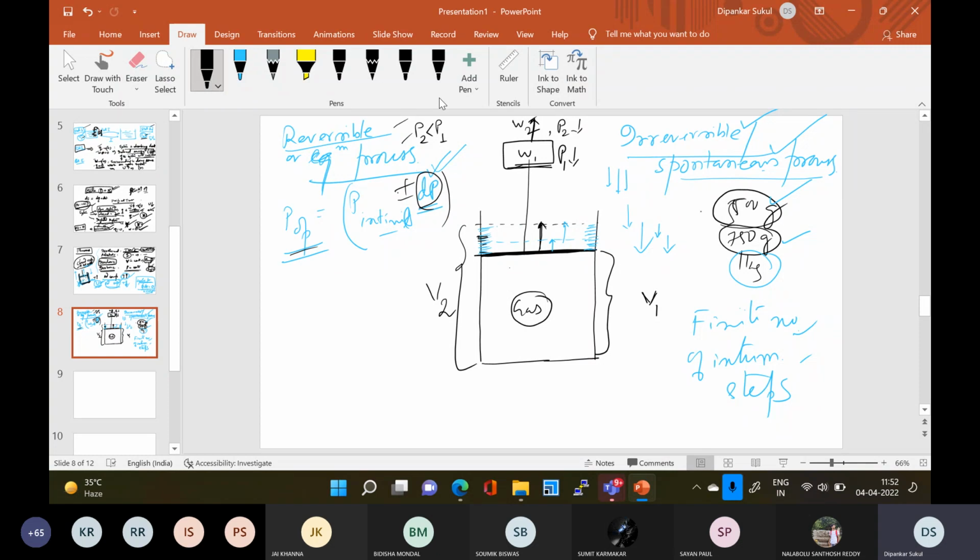And in that case, the changes are so slow, or infinitesimally small, that during each intermediate step, the system will get sufficient time to maintain thermal and mechanical equilibrium with the surrounding.